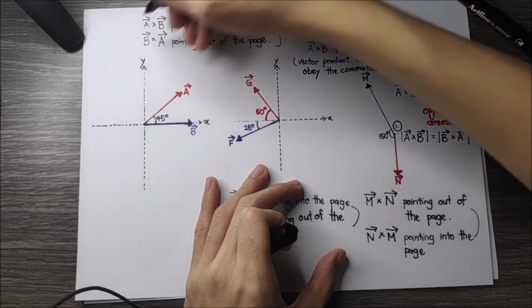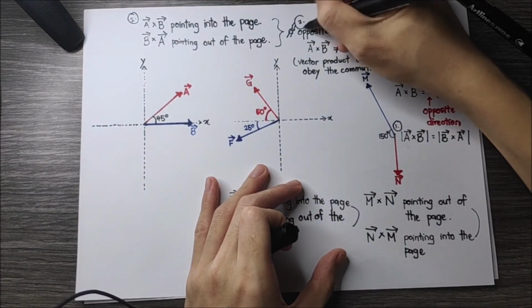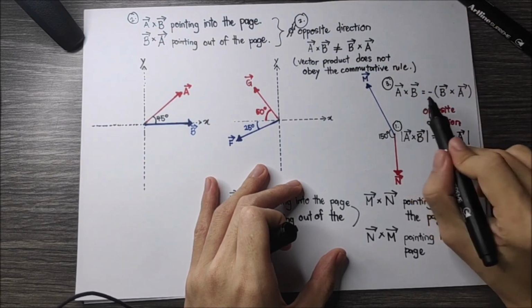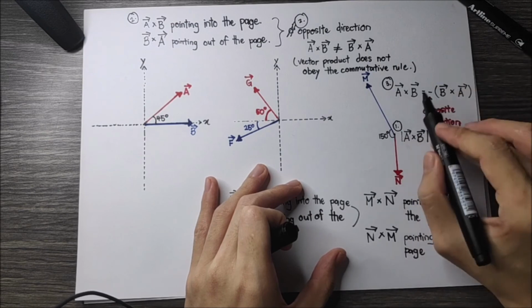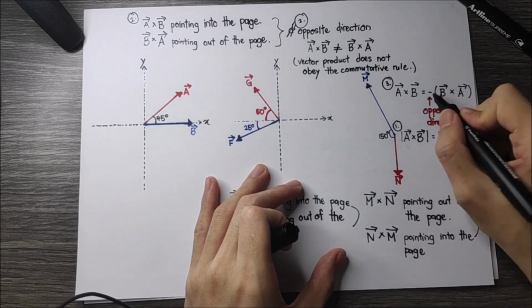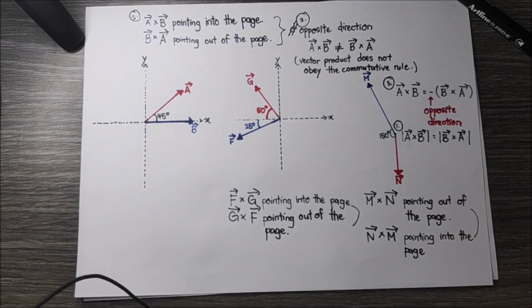Then the second thing you know is if you commute the vectors, you get opposite direction. Therefore, you end up with the conclusion that if you commute the vectors, you will get the same magnitude, but because it's opposite direction, there's a negative sign in front. So that's how we understand what will change if we commute the vectors.